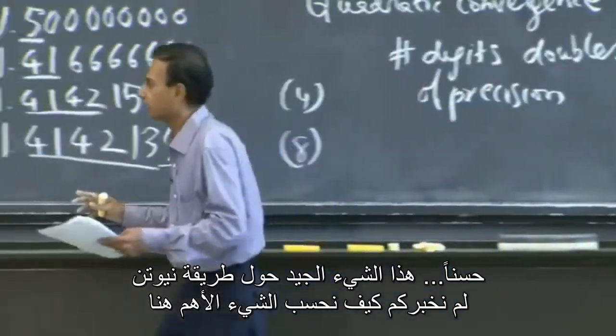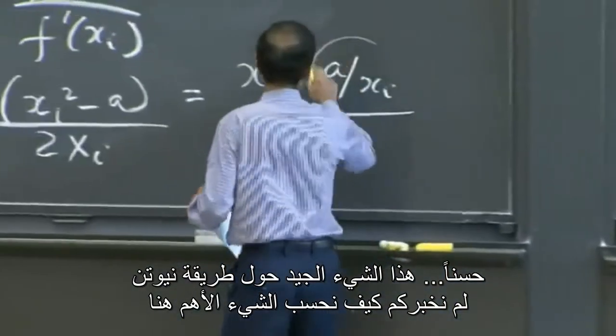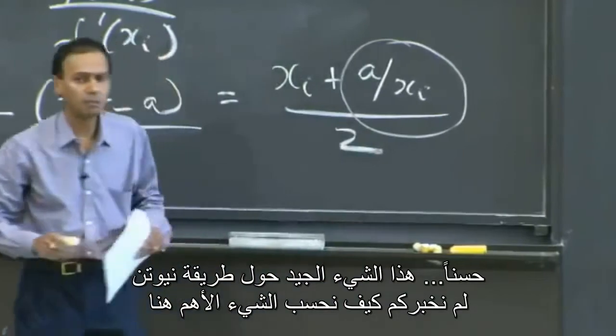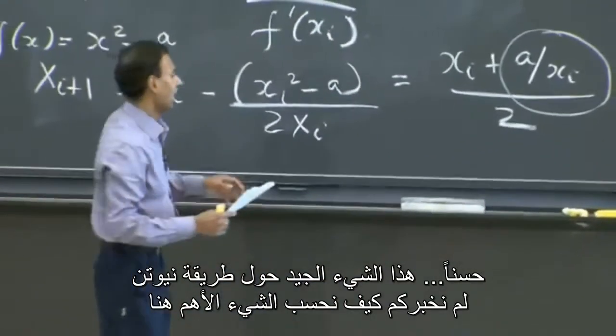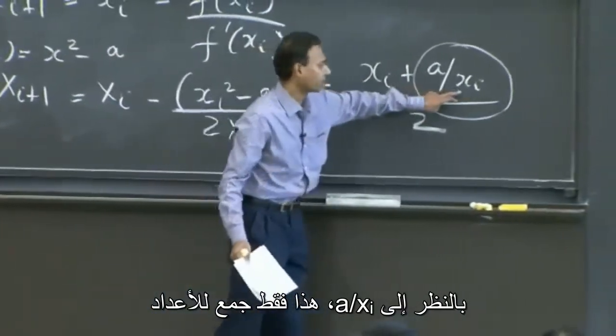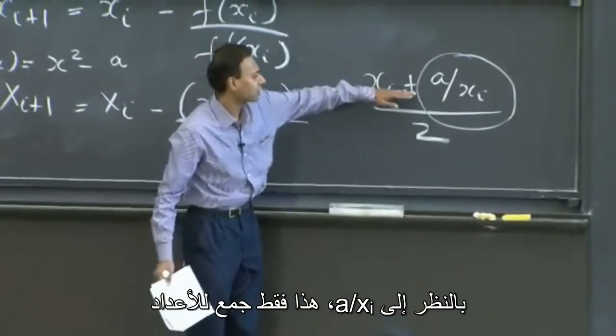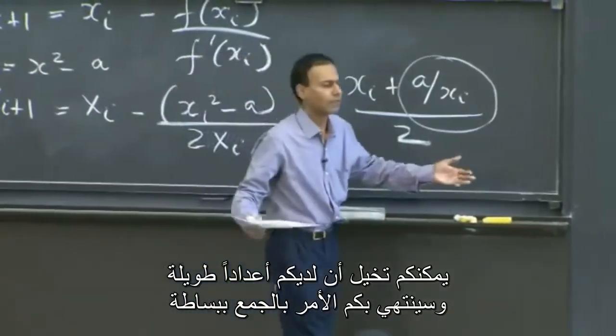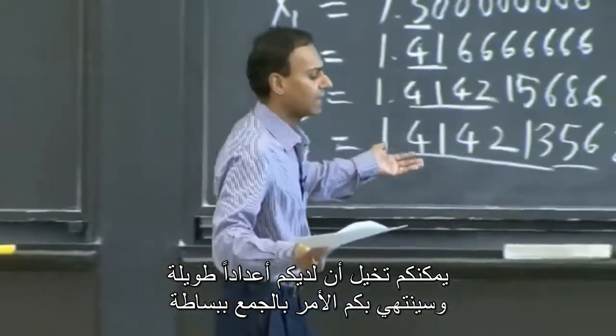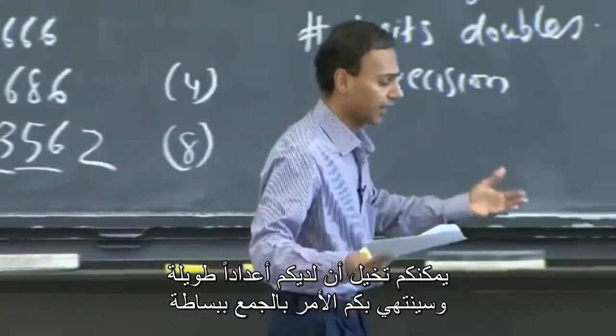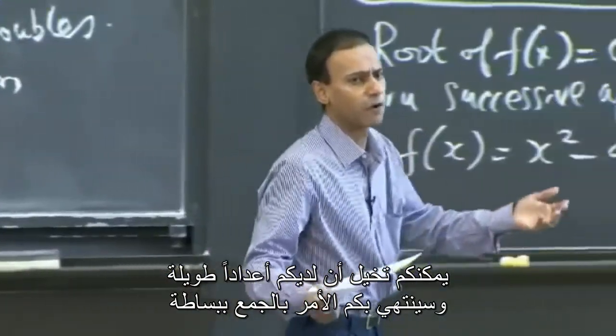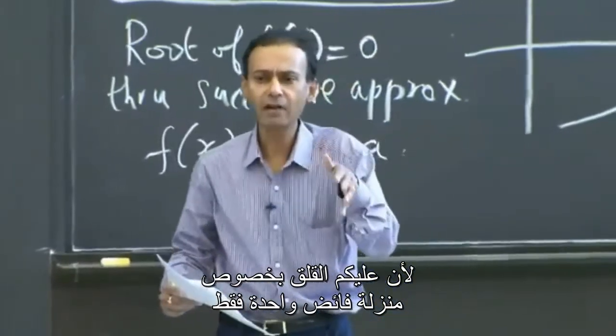You haven't quite been told how we're going to compute the most important thing here with respect to a divided by xi, right? So this is just additions. You can imagine that if you have long numbers, you'd end up doing addition fairly straightforwardly, because you only have to worry about one carry, right?